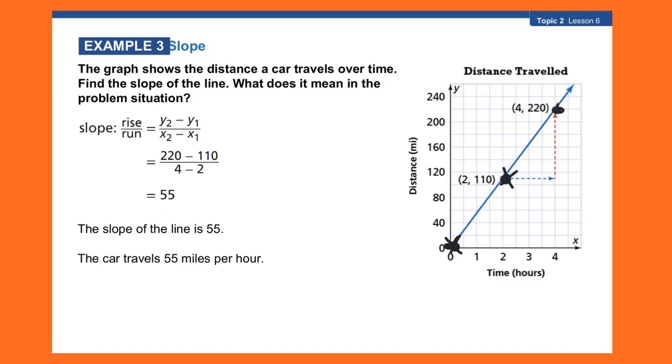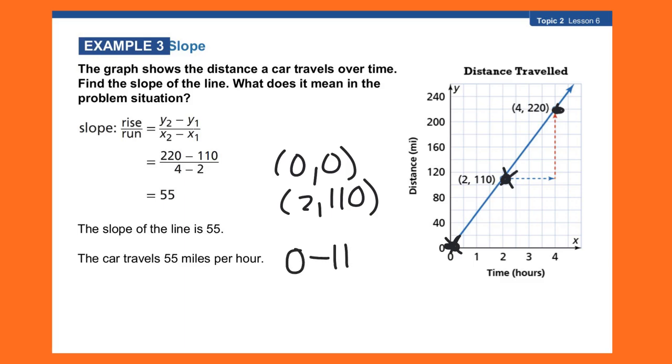And I'm going to go from 0, 0 to this dot. So I'm going to subtract my y's on top. And it doesn't matter which order I start with. I could have totally started this way. Let's see what happens if I do it that way. And 0 minus 2 here, or 2 minus 0 there.